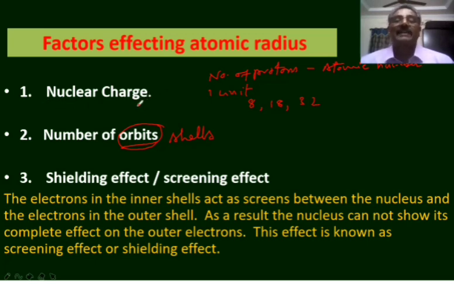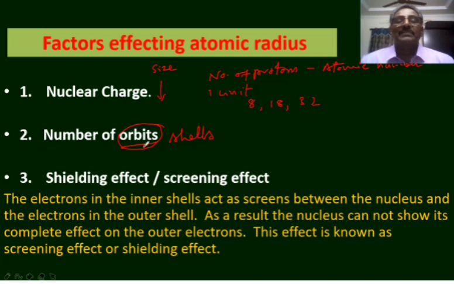So the size of the atom decreases. An increase in the nuclear charge causes decrease in the size of atom. That means the atomic radius decreases due to decrease in the size of the atom.